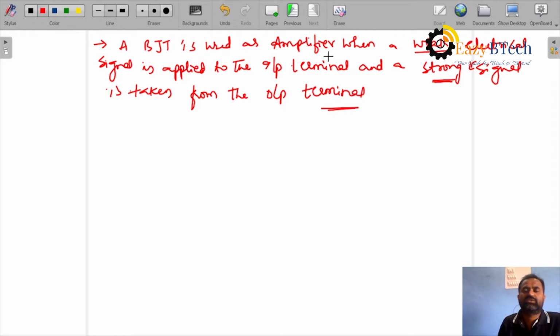Okay, a BJT is used as an amplifier when a weak electrical signal is applied to the input terminal and a strong electrical signal is taken from the output terminal.